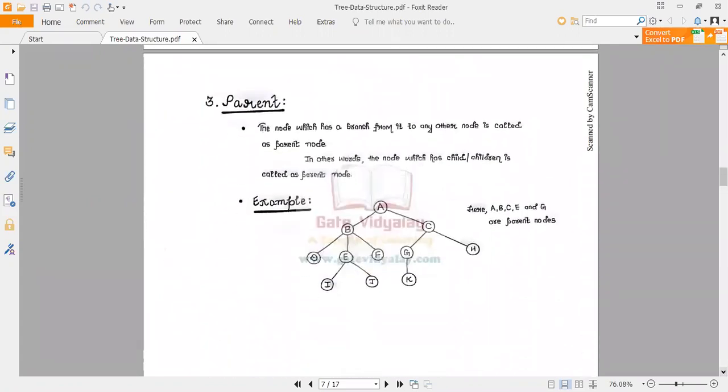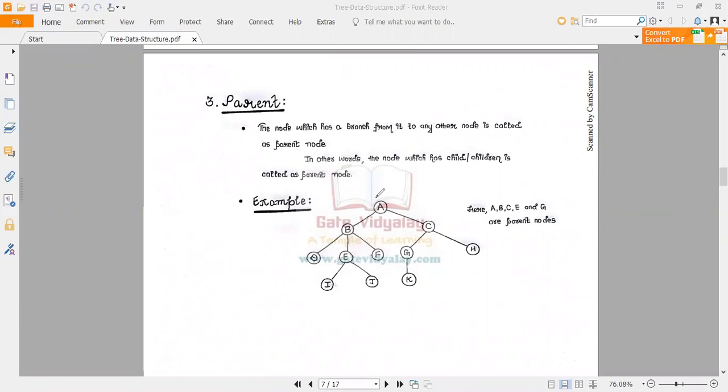Next is the parent. So what is a parent node? The node which has a branch from it to any other node is called a parent node. The node which has a child or children is called a parent node.